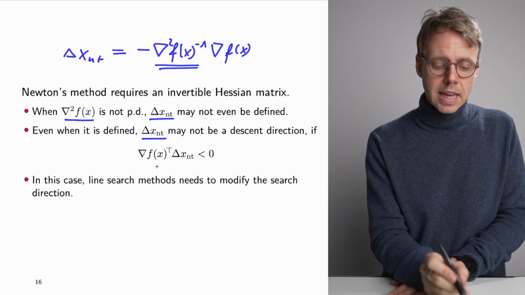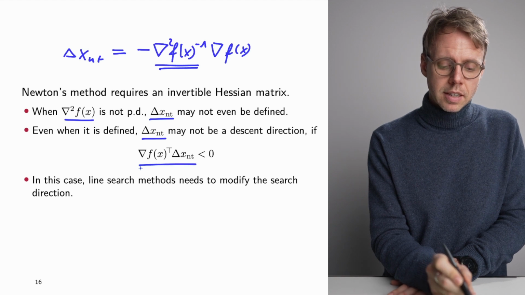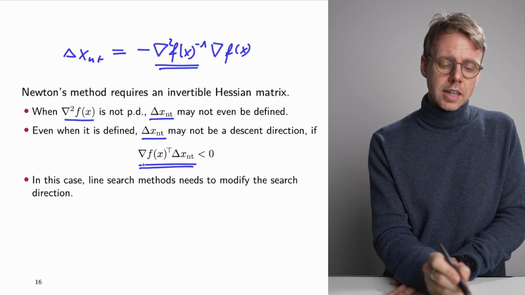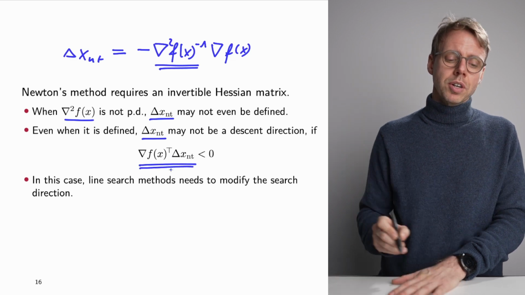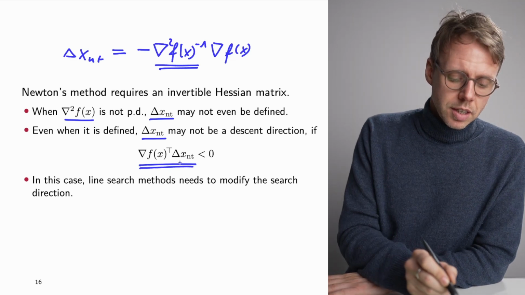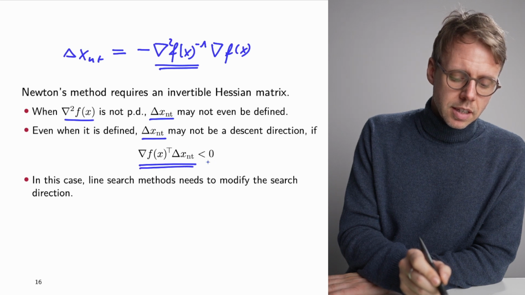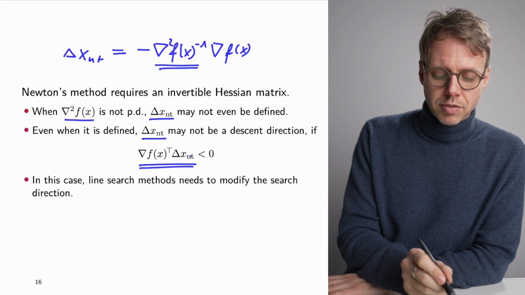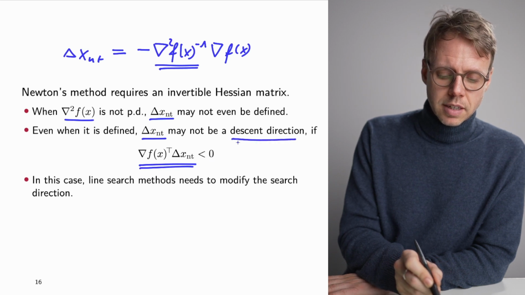So it may happen that the inner product of the gradient and our Newton update is smaller than 0, which means that we don't have a descent direction.